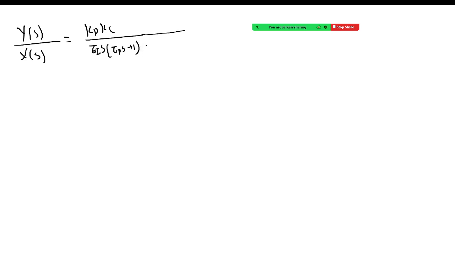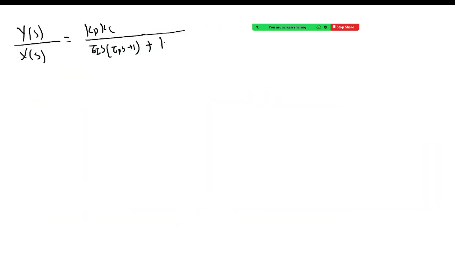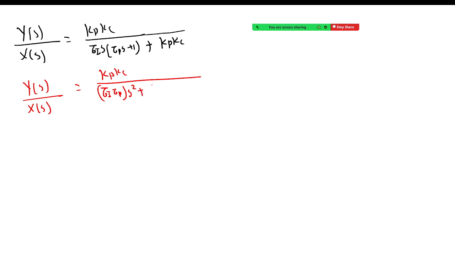Finally you will see that Y(s) divided by X(s) is equal to Kp Kc divided by tau I S into (tau p S plus 1) plus Kp Kc. Fine. So again, I can write Y(s) by X(s) equal to Kp Kc divided by tau I tau p S square plus tau I S plus Kp Kc.